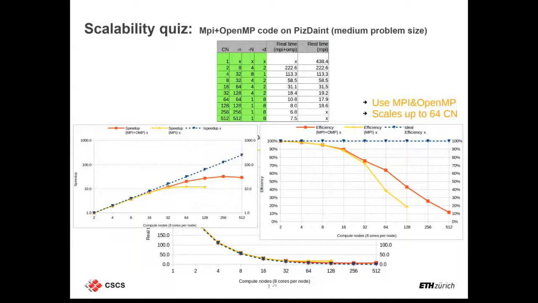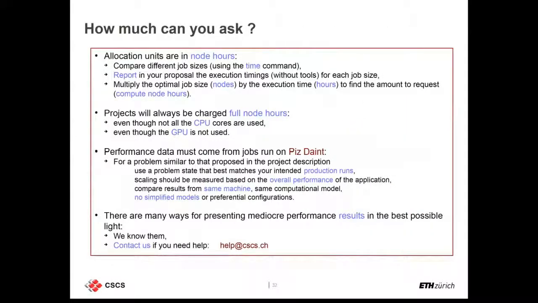Okay, so how much can you ask? As I said before, the allocation units are in node hours. So you have to take the timings that your simulation takes and multiply that by the number of nodes, and you will get the amount to request for your proposal in compute node hours.